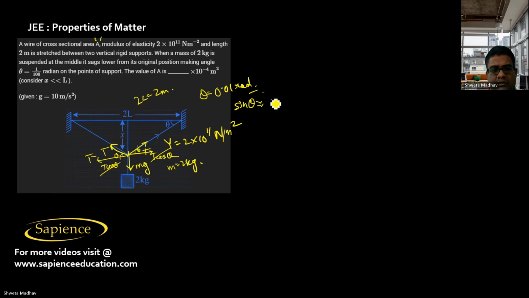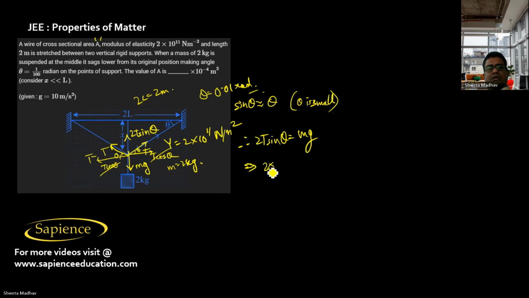Here sin theta we can write approximately as theta. Therefore, 2 T into theta.